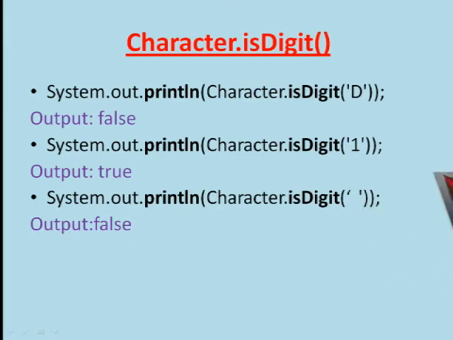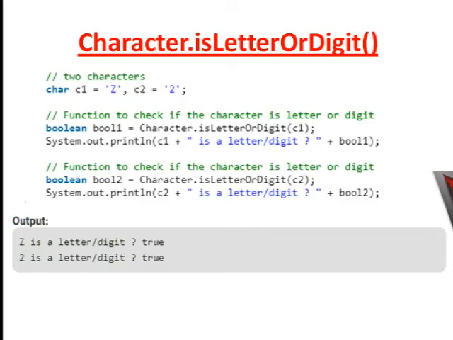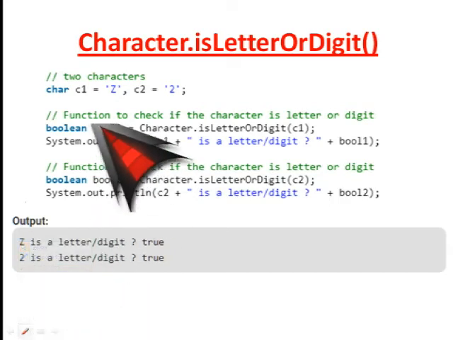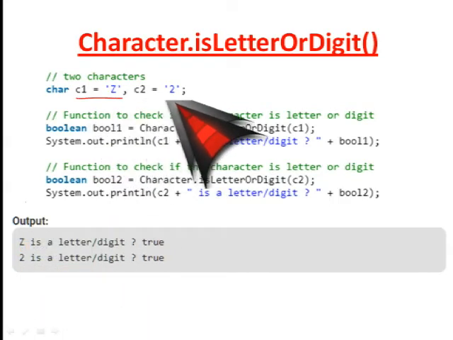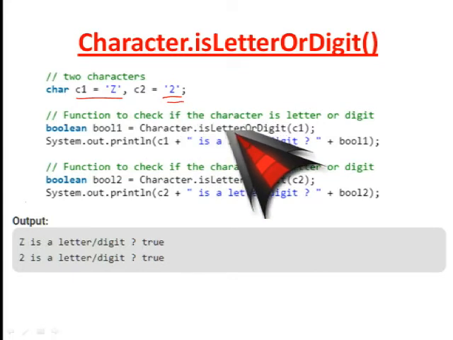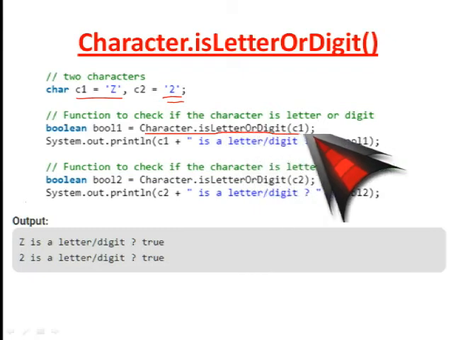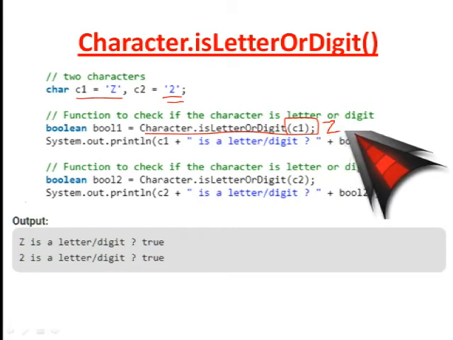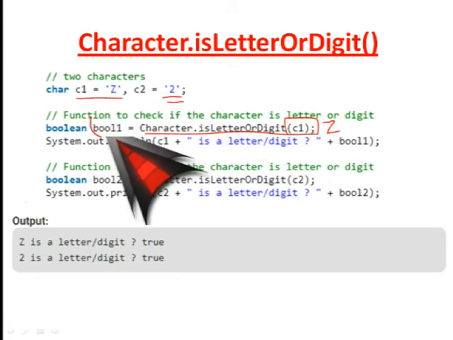Let's move to the other function known as Character.isLetterOrDigit. As the name suggests, if it is a letter or a digit, I am going to get the result as true. In the example, I have used two characters: one is Z, another is the numerical digit 2. I am storing the result in a Boolean variable, as it will return true or false.